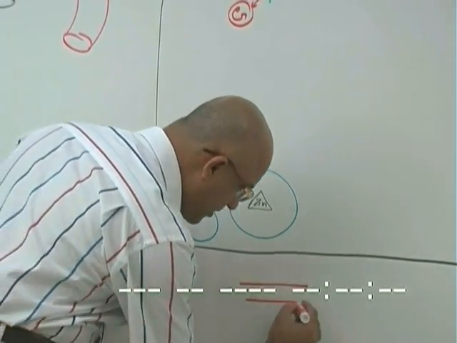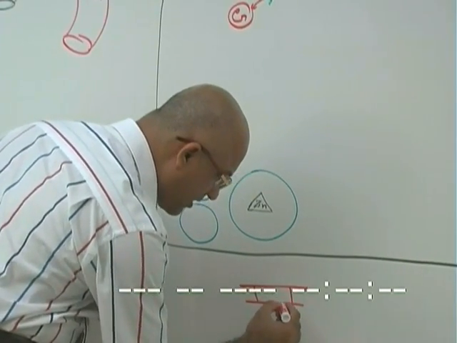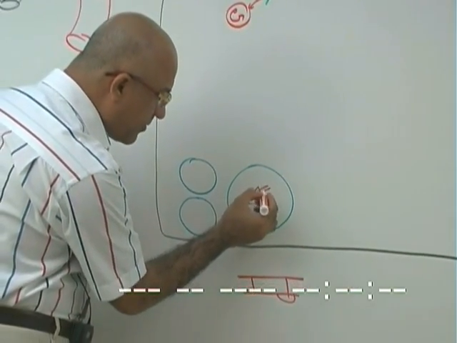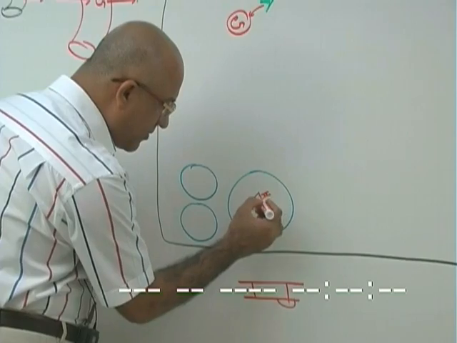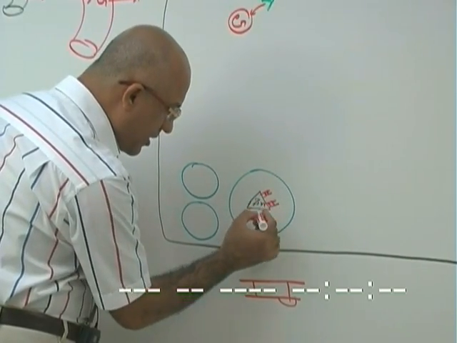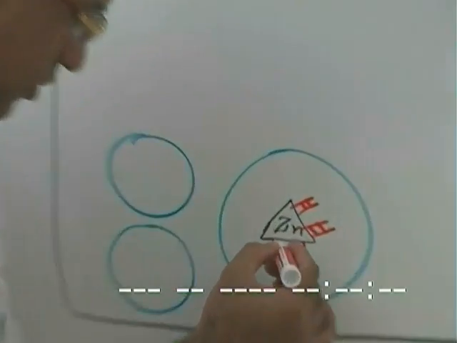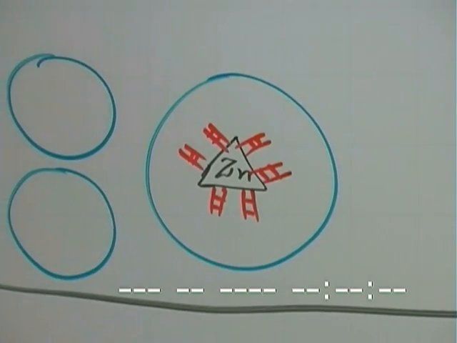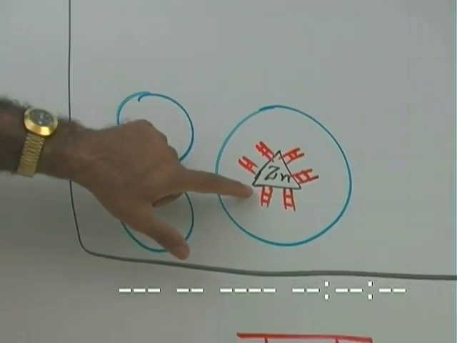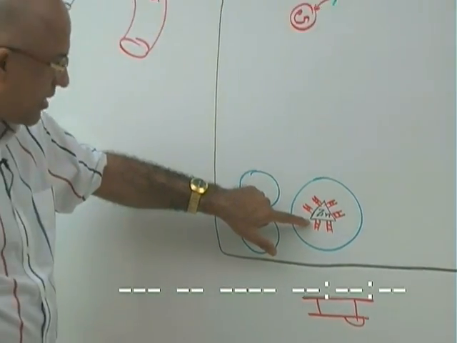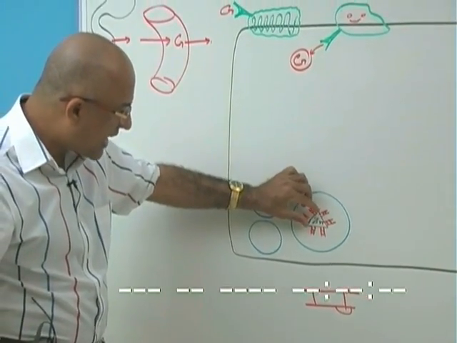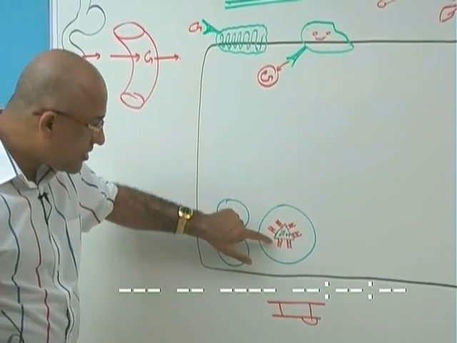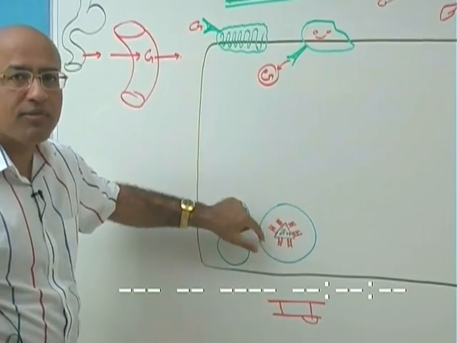B chain, A chain, disulfide bond and disulfide bond. So this is insulin. There are 2 insulin molecules here, 2 here, and 2 here. It means there are 6 molecules of insulin attached with the zinc molecule, and this is called a hexamer of insulin.